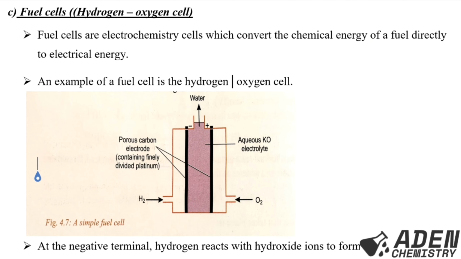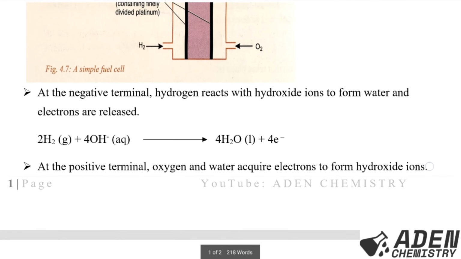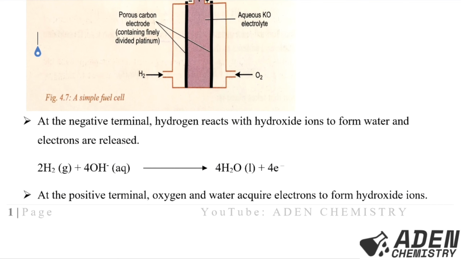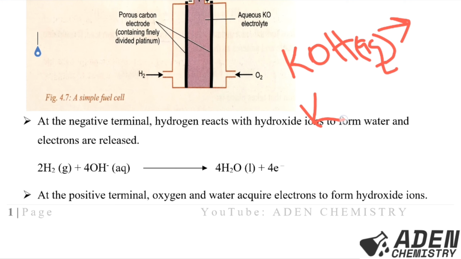Next, at the negative terminal, hydrogen reacts with hydroxide ions. Where are these hydroxide ions coming from? Remember we said the electrolyte there is potassium hydroxide. When it dissociates, it produces potassium ions and also hydroxide ions.